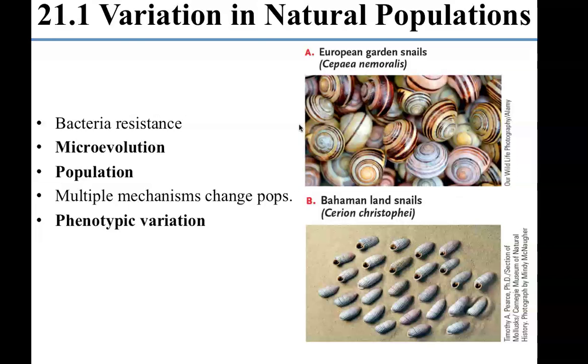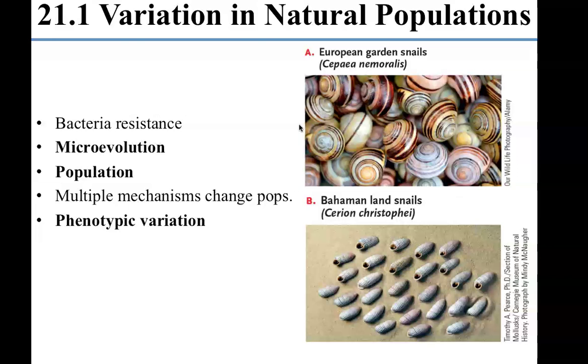So that's resistance, and that's an example of microevolution. Microevolution is simply a heritable change in the genetics of a population. In other words, it's evolution, but on a small scale.